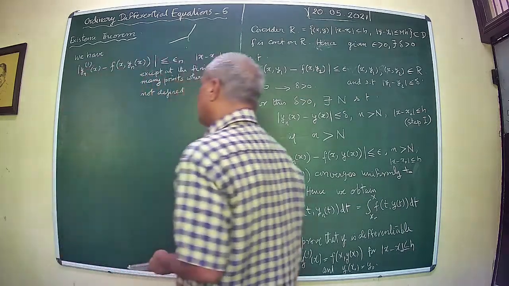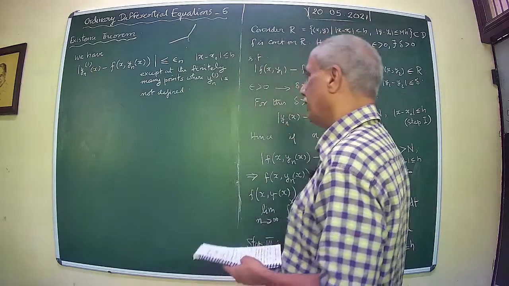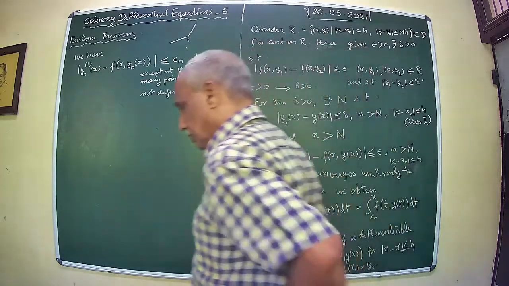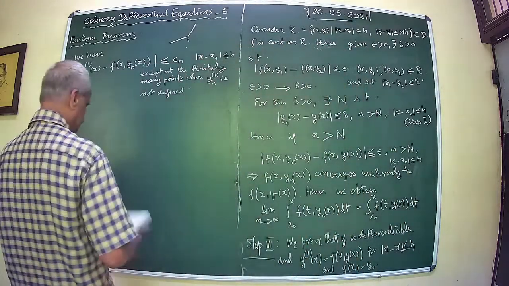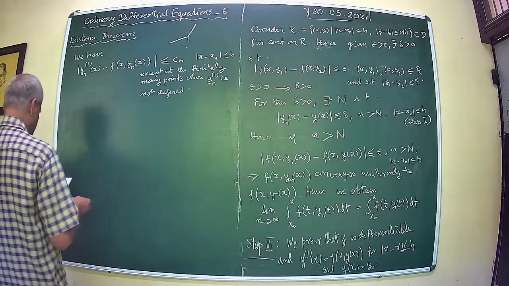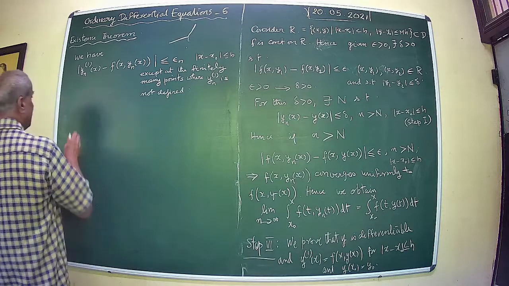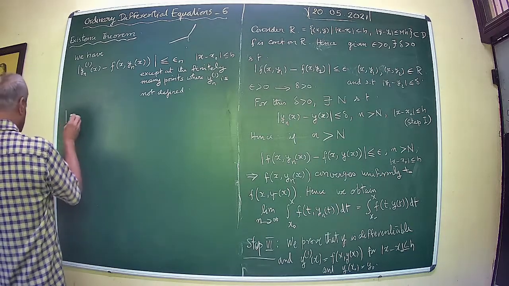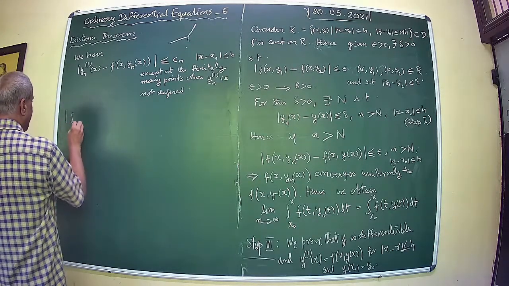Now we integrate on both sides. That does not really give any problem on integration. So what you have is this. So what you take is the integral from x naught to x.